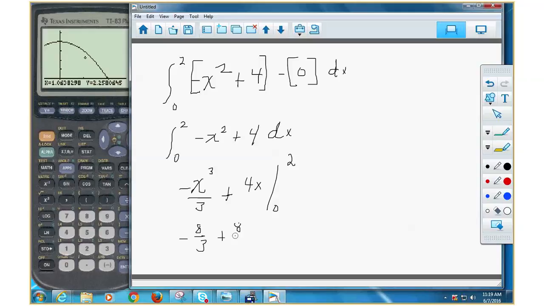Well, we've got to have a common denominator. So that 8 over 1 is going to turn into 24 over what? 3. And negative 8 plus 24, dang old 16. Somebody help me out. Yeah, 16 over 3, which is equal to 5.33. Y'all check me. Yeah. So the area under that curve is 5.33 units.